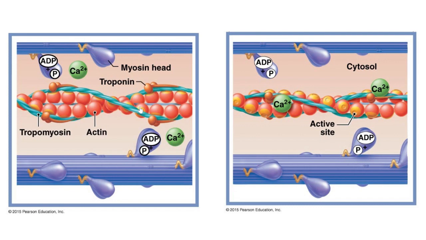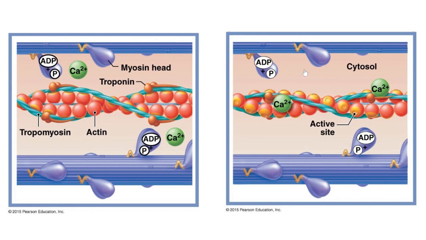The myosin head cannot attach to any of these active sites because they're not exposed. So calcium ions are available here, but they haven't attached or they're not bound to the troponin.